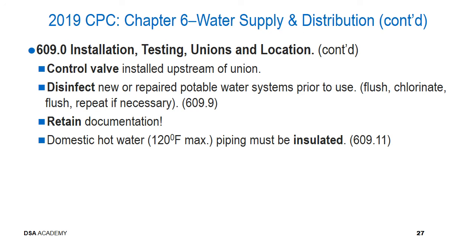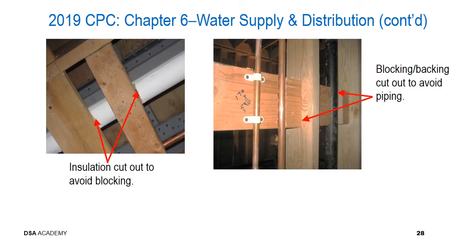Another requirement is that domestic hot water, which we've addressed before, is 120 degrees Fahrenheit max. The piping must be insulated. Speaking of insulation, this image on the left-hand side of this particular slide shows something that's not necessarily uncommon.